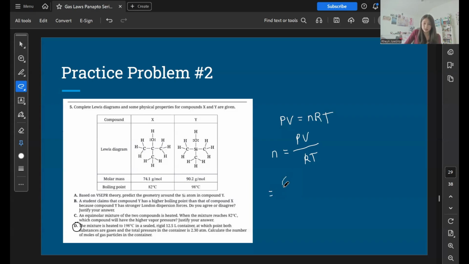And that's going to be equal to plugging everything in. Just make sure that all of your values are in the correct units. We know our pressure is in atm, perfect. Our volume is 12.5 liters, which is also perfect.